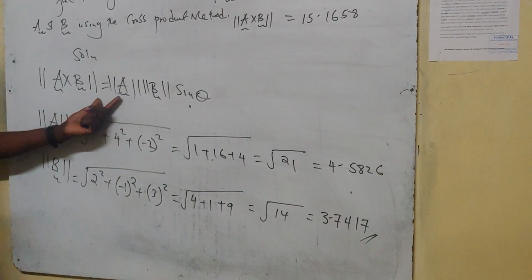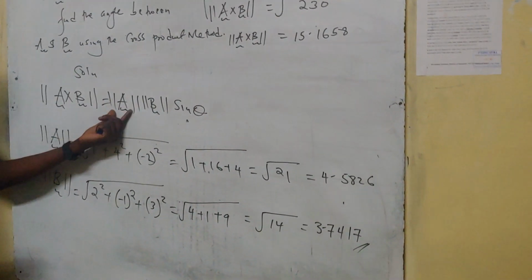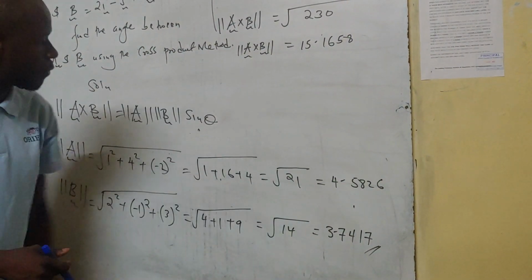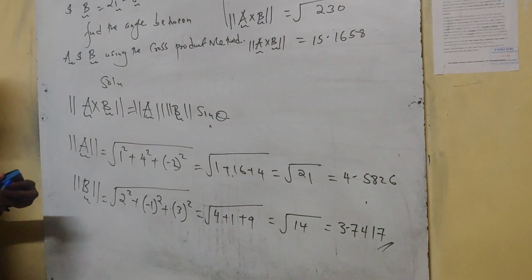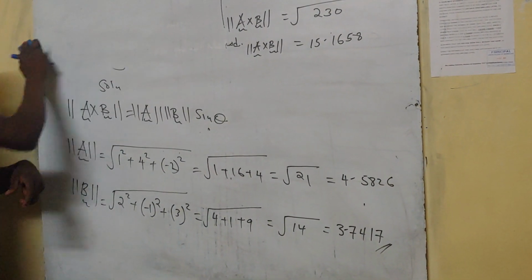According to the formula, to get the angle we have A cross B magnitude, A magnitude, and B magnitude. We can now substitute these results into the formula as shown below.